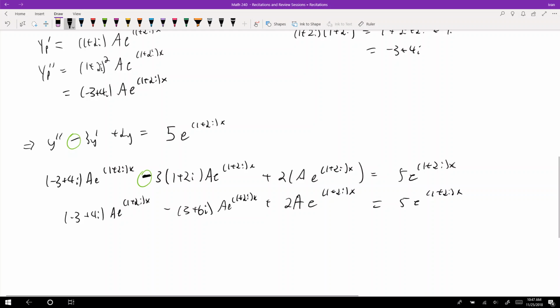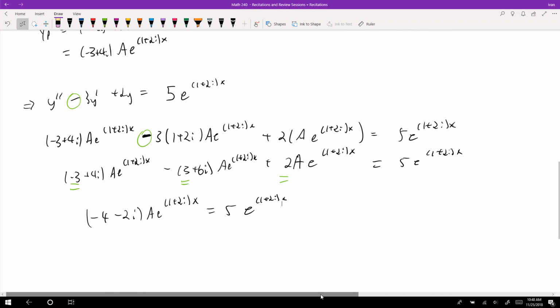All right, so now we want to group the like terms. So here you get minus 3, that's another minus 3, and then plus 2, so that's negative 4, and then you get 4i minus 6i, so you get negative 4 minus 2i, a e to the 1 plus 2ix is equal to 5 e to the 1 plus 2ix.